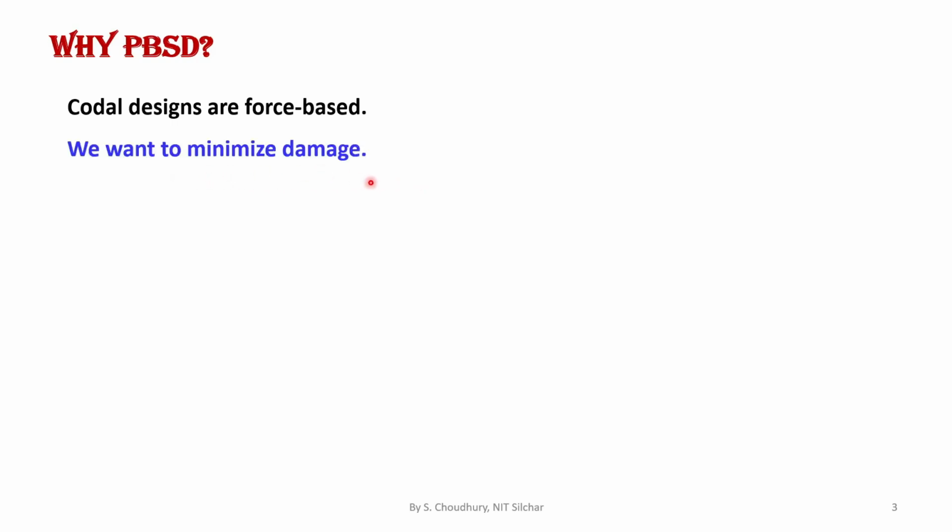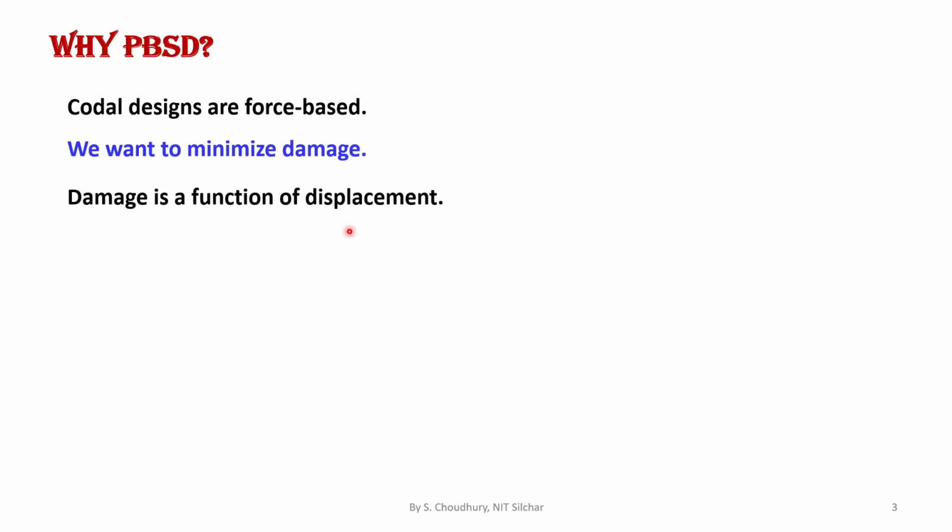Our aim in the design is to minimize the damage. Now, minimizing the damage may not be on an absolute scale. We may want some damage in structures of less importance, and we may want very little damage in structures which are very important. So we can make a decision about how much damage we are going to allow in the system. This is not possible in the codal design.